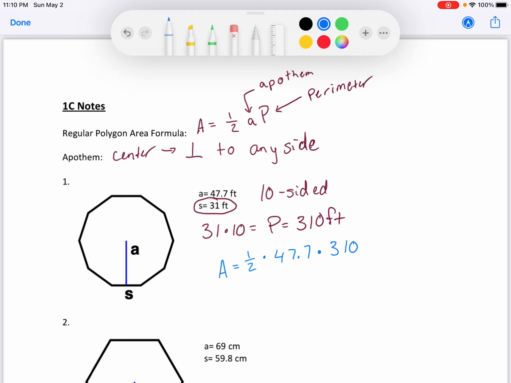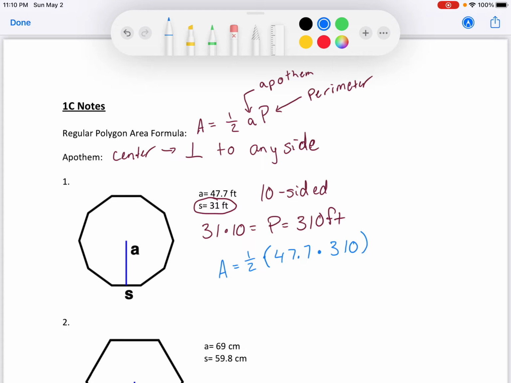So when I type this into the calculator, I do 47.7 times 310, and then I divide that by 2, because multiplying by 1/2 is the same as dividing by 2. It's just easier for me to type that in than to go through the hassle of doing the fraction button.